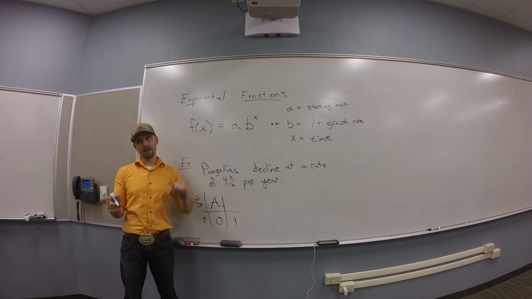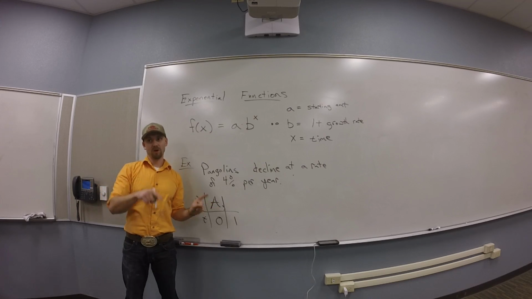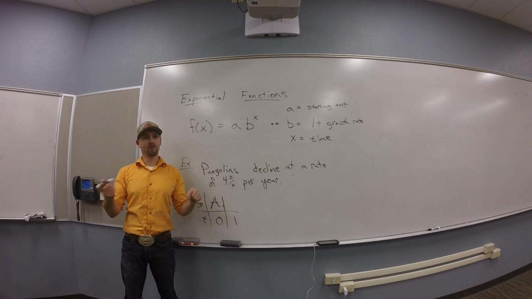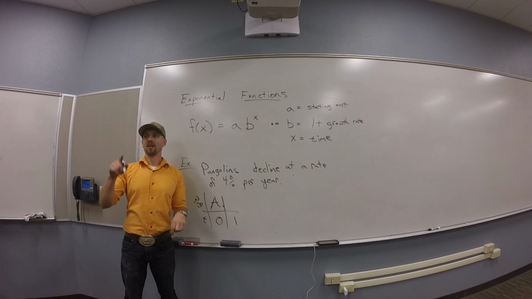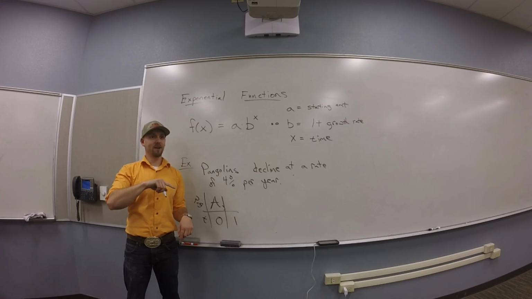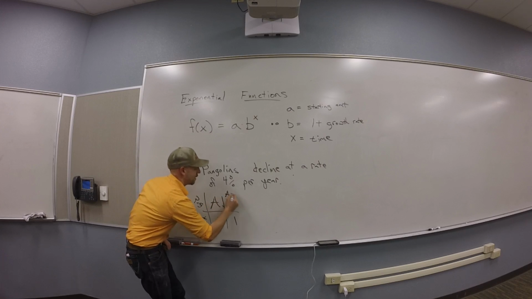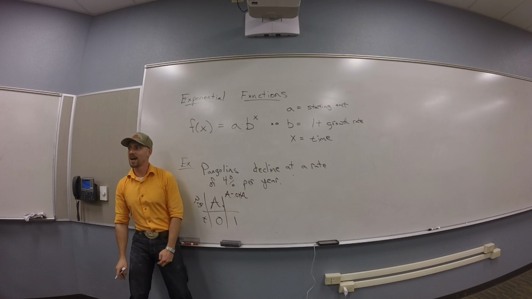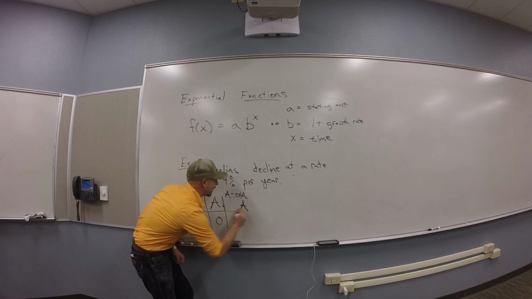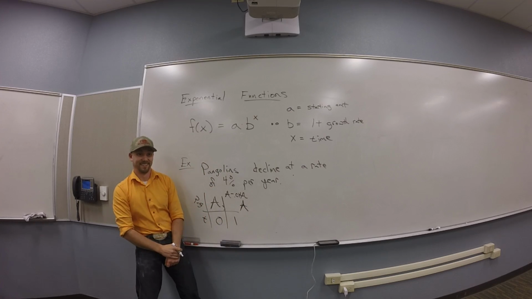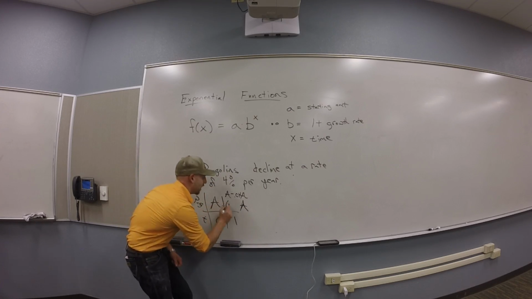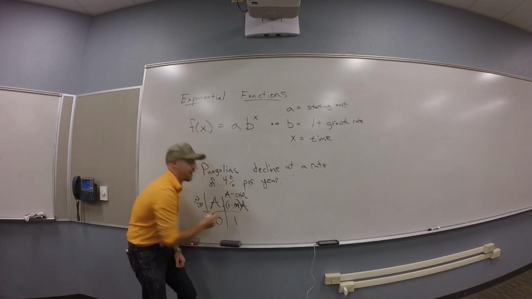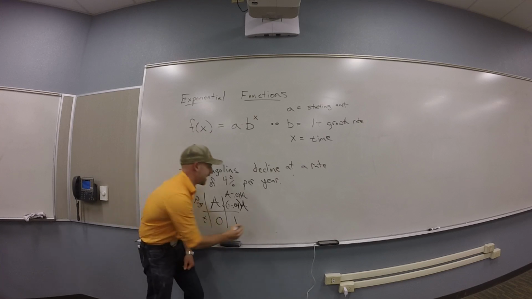So in a year, there will be 4% fewer of them. So how do you get 4% fewer? A minus 4% of A, right? So I'm thinking here, A minus 0.04A, out of which I can factor A, and so I'll be left with 1 minus 0.04, times A.